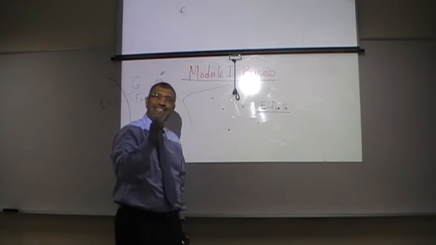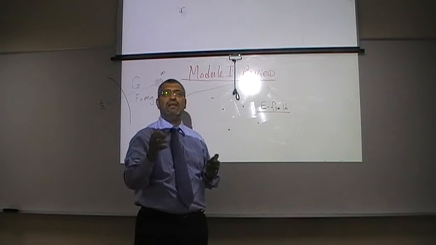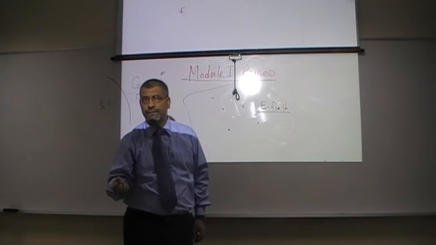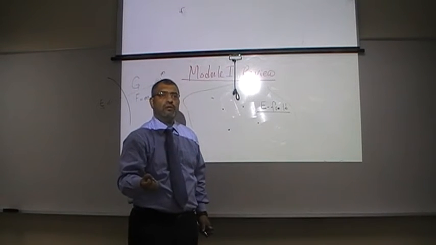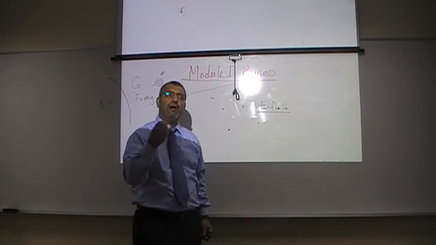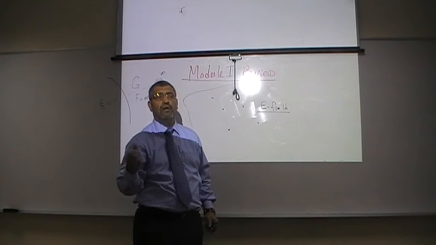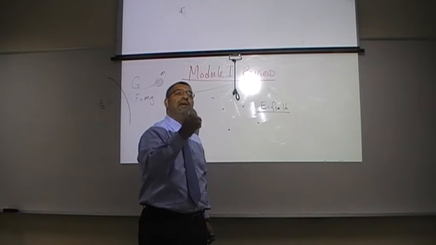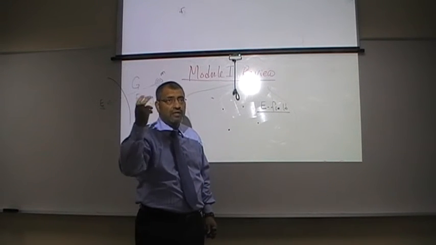But here, there is some way you can set it in which you can get a 0 force. And 0 force means what? No motion. So it means that in the electrostatic field, unlike the gravitational field, we can have points where the electric field can be 0. We can select it.